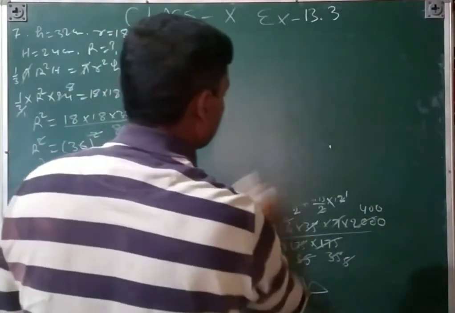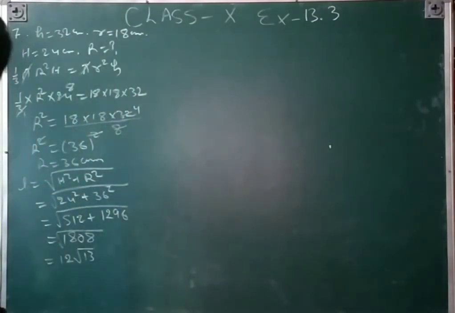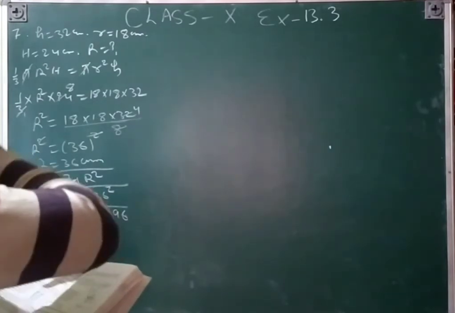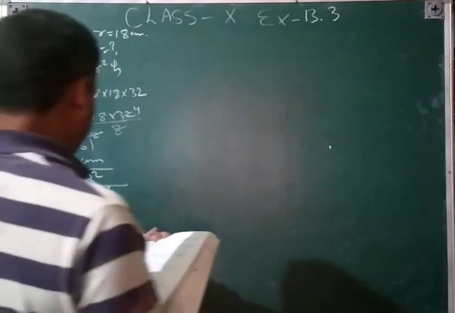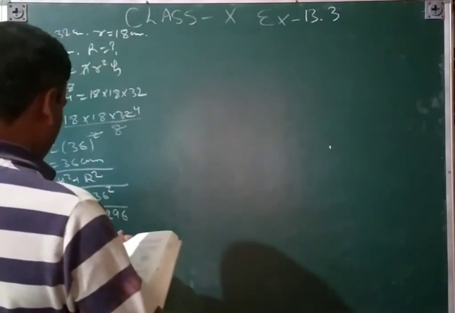Question number 8th. Water in a canal 6 meter wide, 1.5 meter deep is flowing at the rate of 10 km per hour.